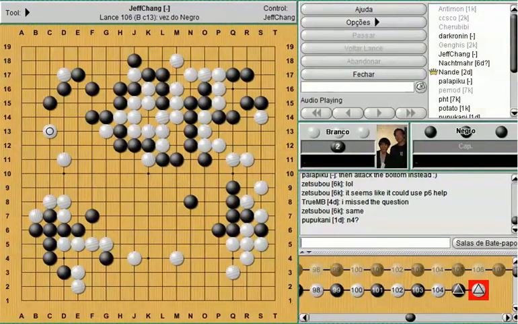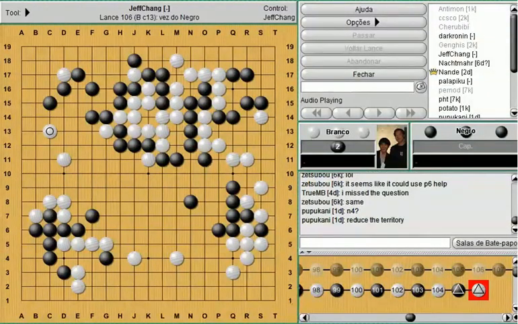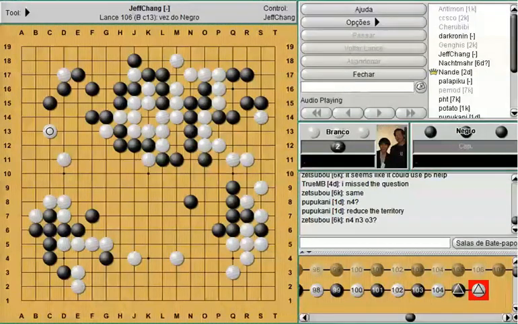Pupukani, you play N4. What is your plan here? Could you talk a little bit further? You need to have some specific plan here. Yeah, I know that. I'm just saying how. Let's say a variation. Okay. In that way, you're gonna take away white's bottom, like 8 points.